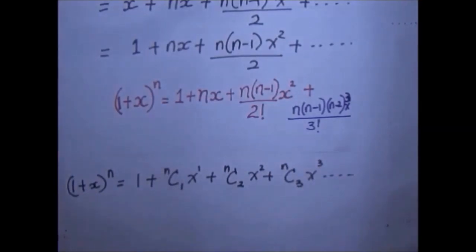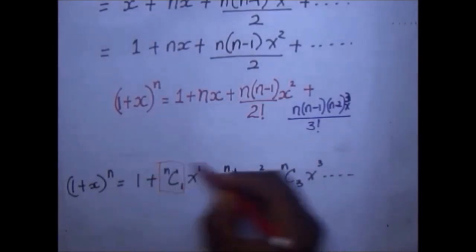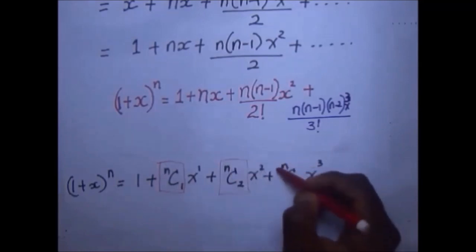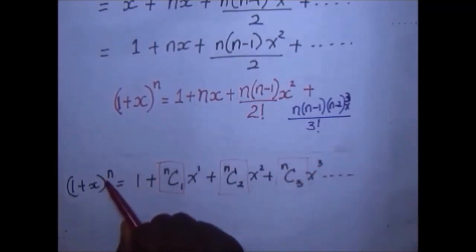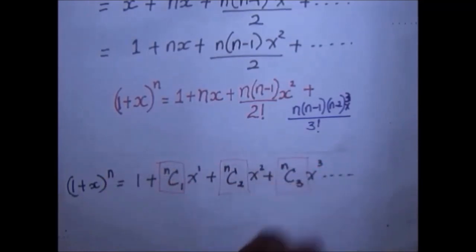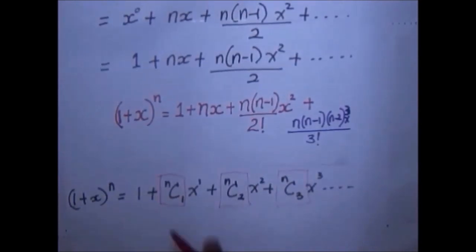Now these combinations I've just converted, because you can get these using calculators. You can just punch it in the calculator. If the value of n is 2, it's 2 combination 1, you get your answer. These combinations are what is being replaced by n factorial over n minus 1 in brackets factorial times 1 factorial, and so on. So now let's do an example on this.